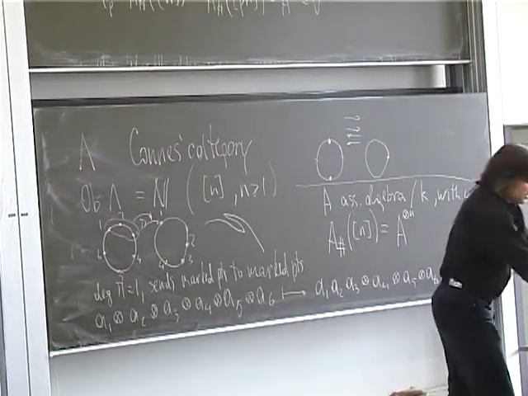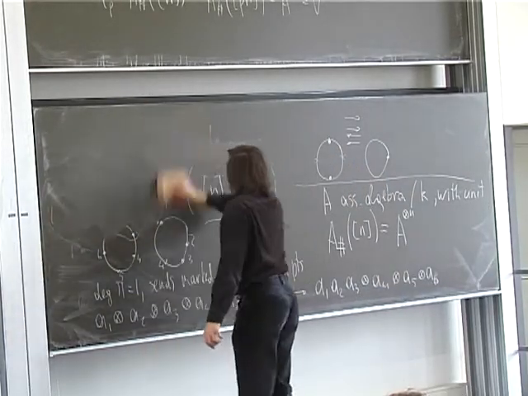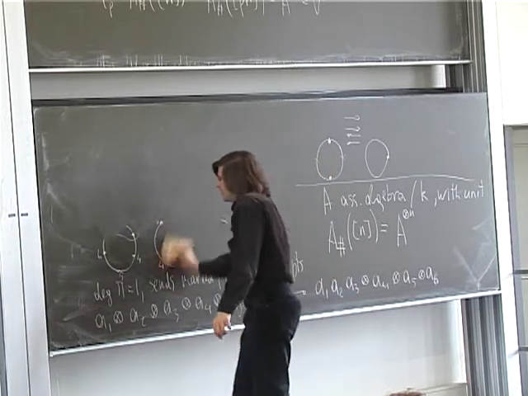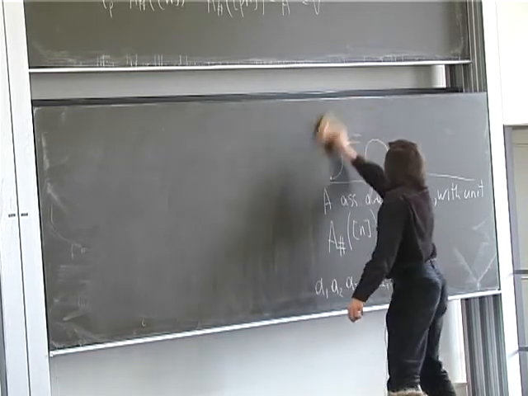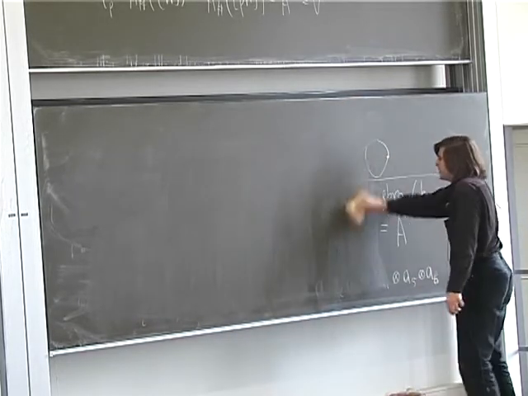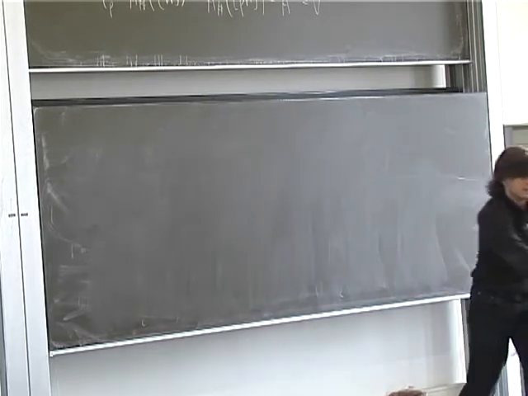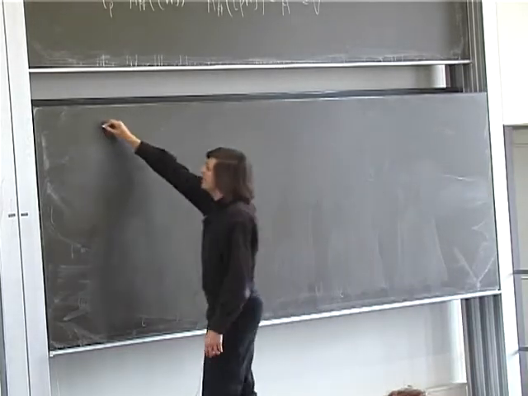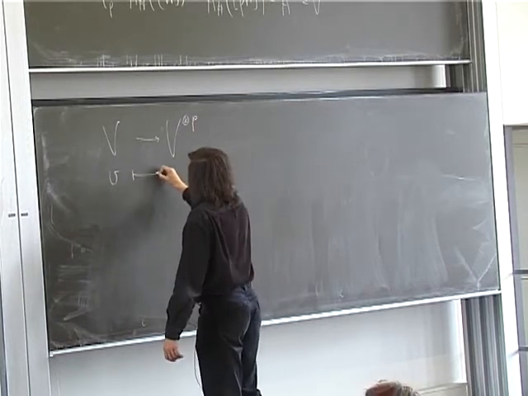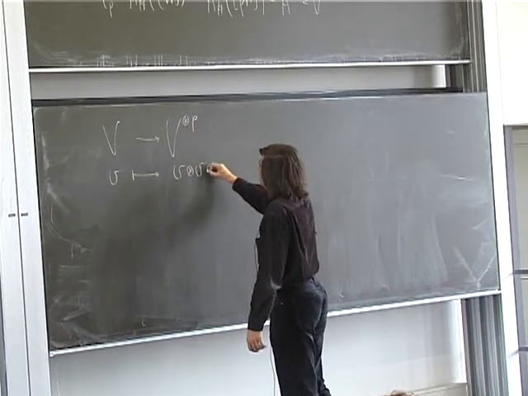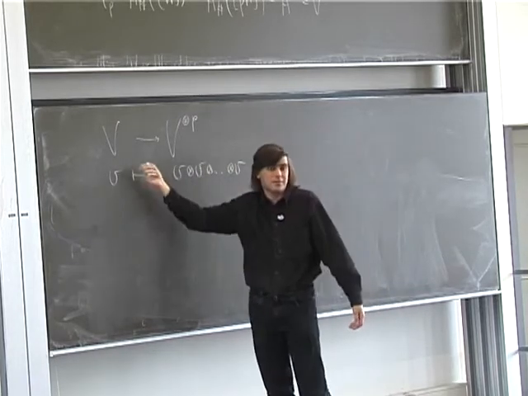But this linear algebraic problem is not trivial because, well, there is a very nice and completely canonical functorial map from the left-hand side to the right-hand side. Namely, the map which takes a vector and sends it to its pth tensor power. So there is a map from V to V tensor p, which sends a vector v to v tensor, and so on, tensor v. This is completely functorial and canonical, but of course it's not additive.